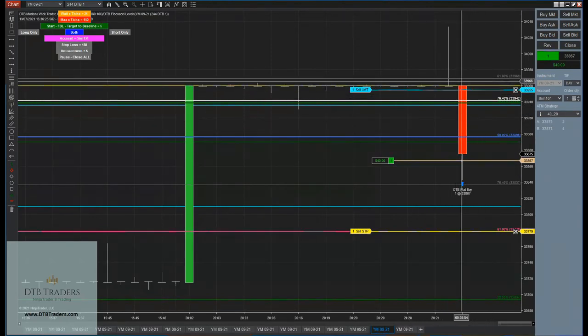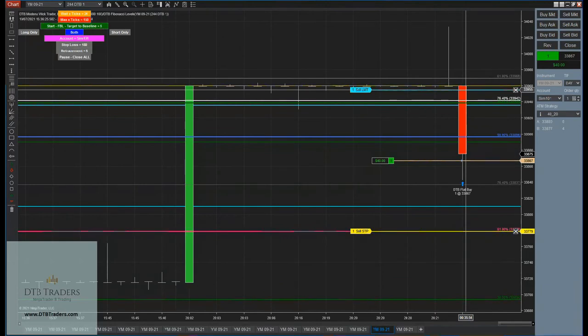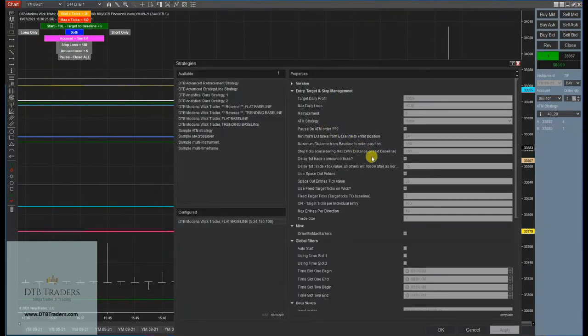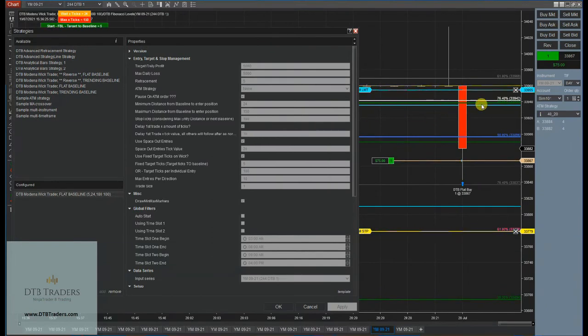And obviously, if you are changing your target for your strategy to 34 ticks, make sure that your minimum distance is above that. You don't want to have a target of 35 ticks from the baseline but your minimum distance is 20 ticks, because when the price goes beyond your target, it will enter a position and immediately exit because the target's over here.